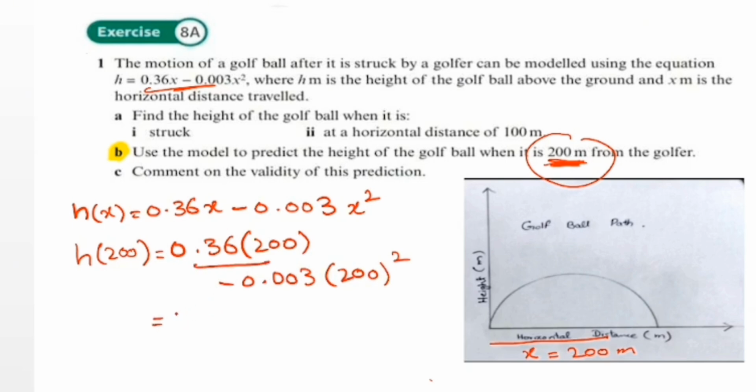This value is equal to 72, minus this value is equal to 120, and the answer is minus 48 meters.